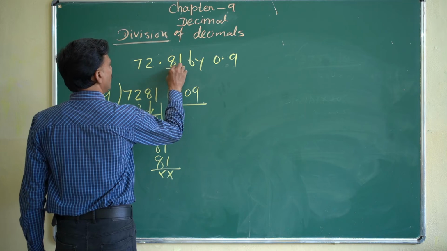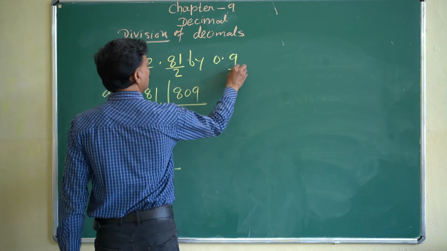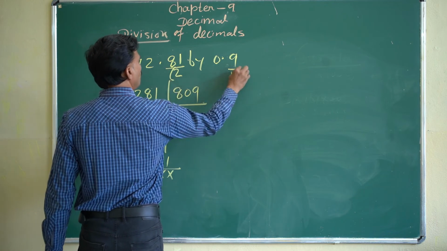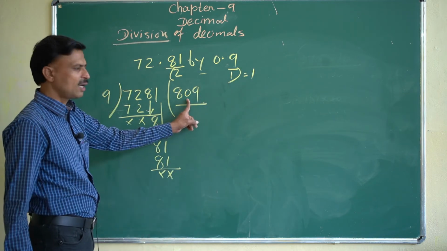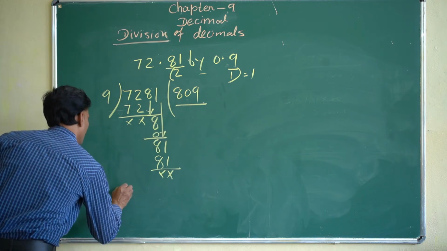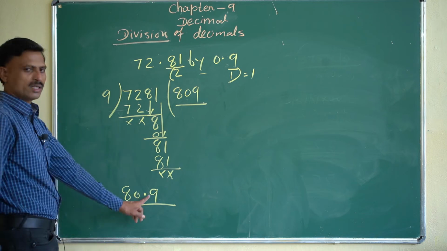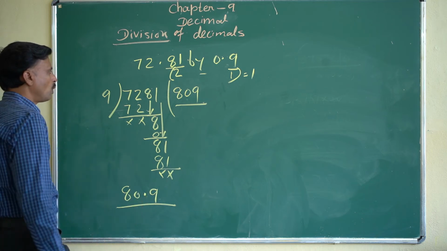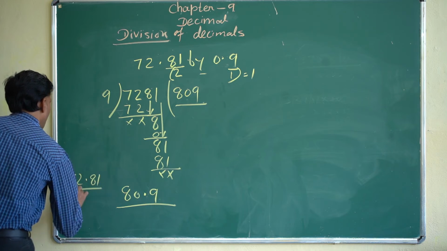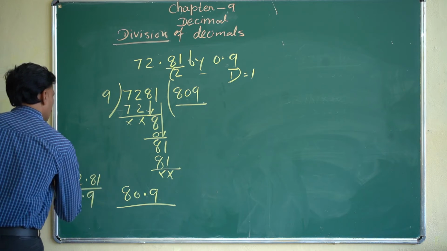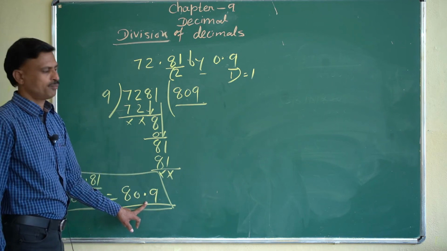Now where will the decimal be in this number, if both are decimal numbers? After the decimal, how many digits are here? 2, and here 1. So 2 minus 1, what will come? 1 will come. Means in the answer also, after the decimal there will be 1 digit, means the answer will be 80.9. If you are dividing 72.81 by 0.9, the result will be 80.9.